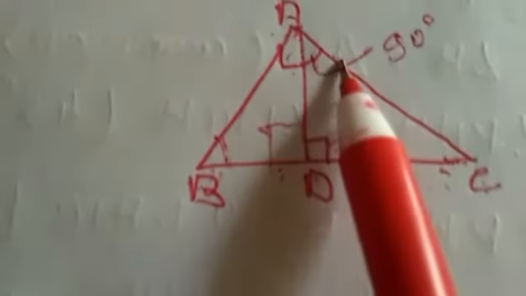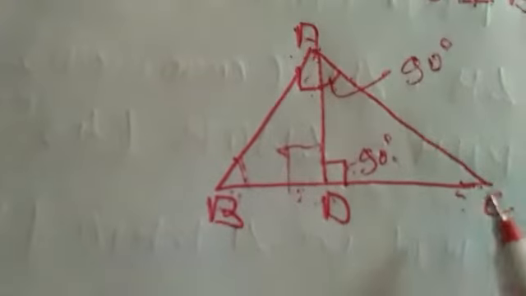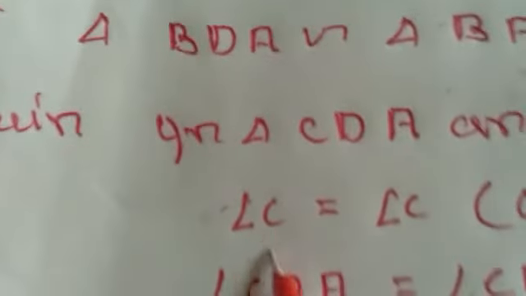Now let's do the same process in triangle CDA and CAB. We have angle C common to both triangles.